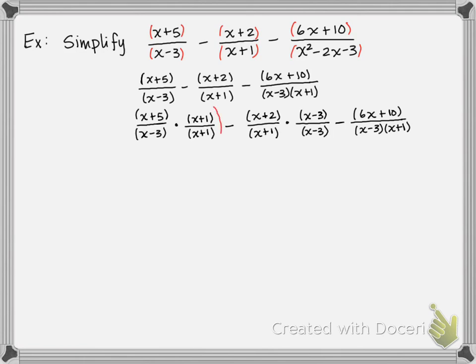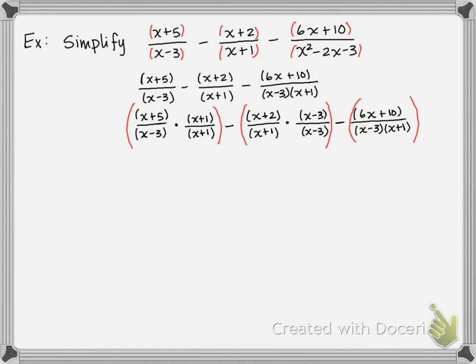If it helps, you can kind of group these guys in between the addition and subtraction, so you can see those as individual denominators. We want all of them to have the same denominator, so we want them all to have the same factors.